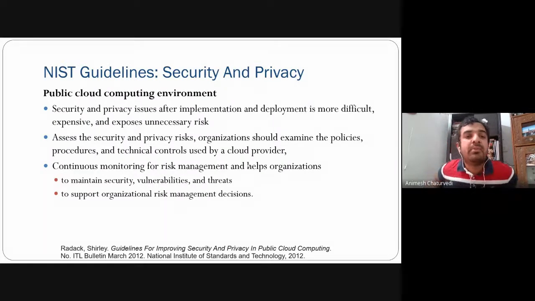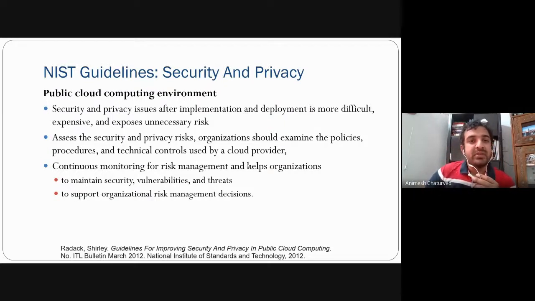Then thereafter, the public cloud environment. What does it say? There are multiple types of cloud platforms or models that we discussed. One of them is public cloud. In public cloud, security and privacy should be implemented and deployed accordingly. And this should not be very difficult, expensive, or expose you to unnecessary risk.